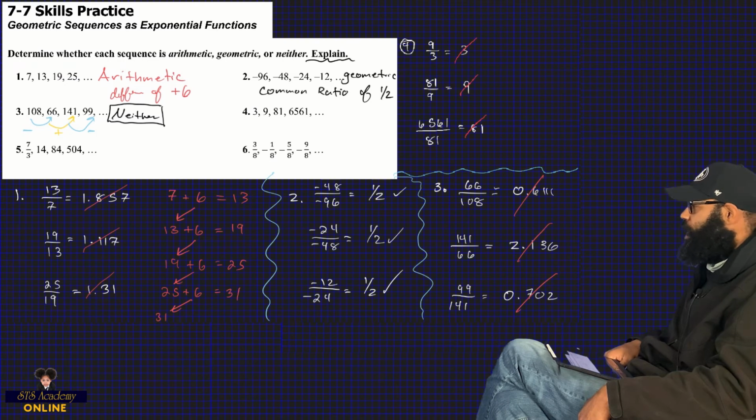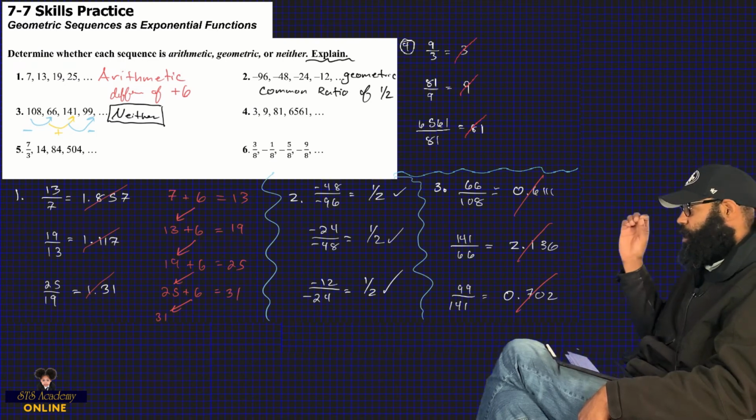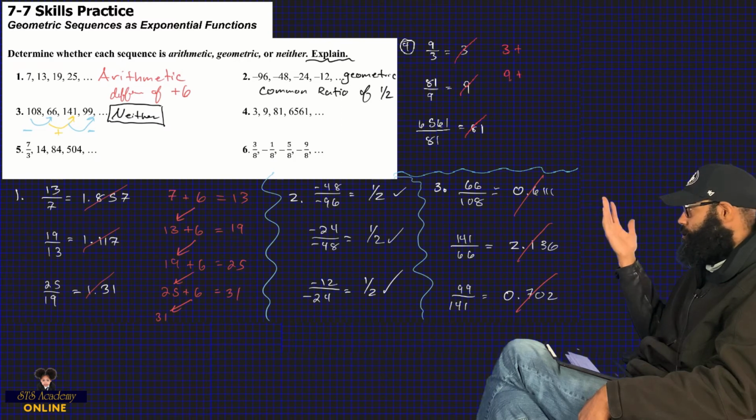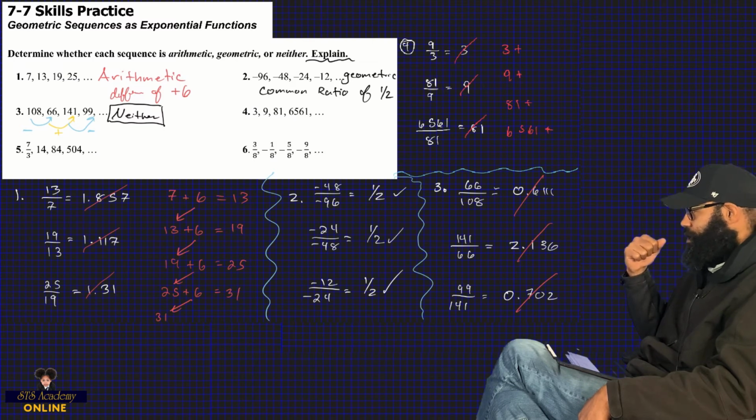So what's happening? How do I get from 3 to 9? It's increasing. So I'm not thinking add 9. 3 plus what gives me 9? 3 plus what? Or 9 plus what? Because I'm looking for a pattern, right? So let's see what's going on. Think about it. 3 plus 6 is equal to 9.